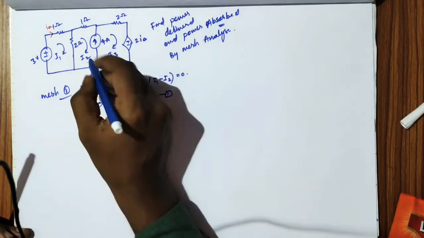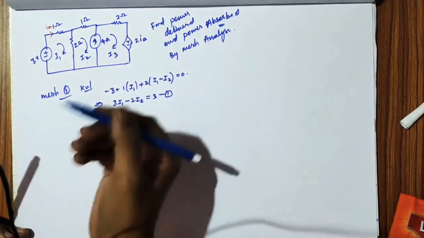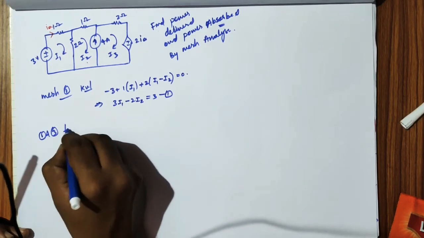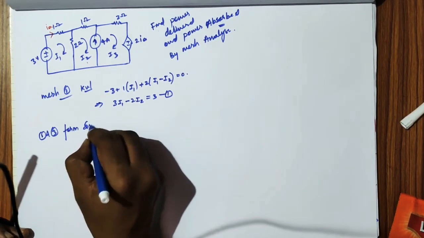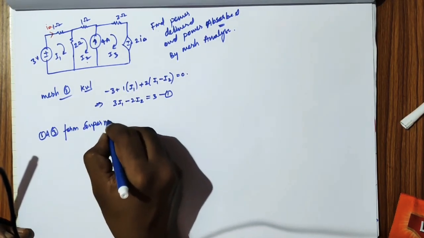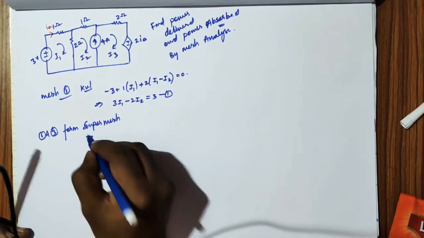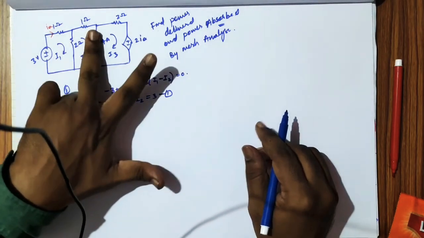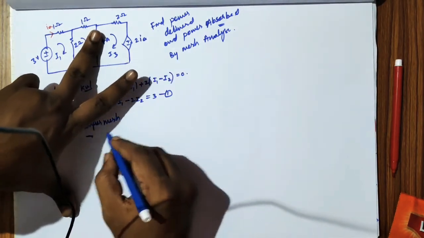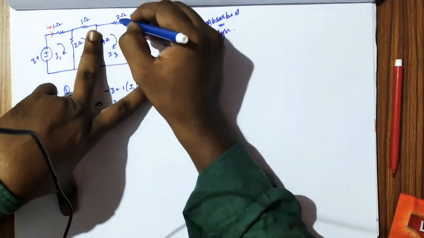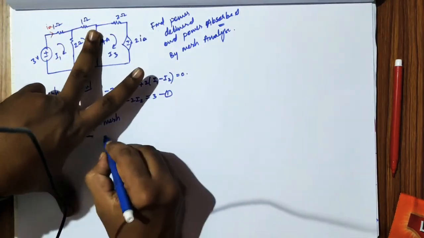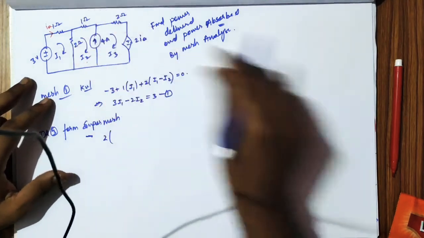Now we know that meshes 2 and 3 form one supermesh. The supermesh equation: while doing the supermesh, you neglect this branch. Now find the voltage across every element: 2, 1, 2, and this 3. I'm doing the clockwise direction.